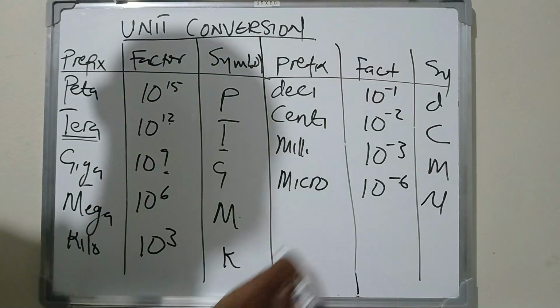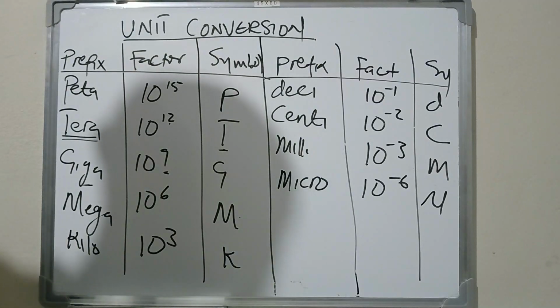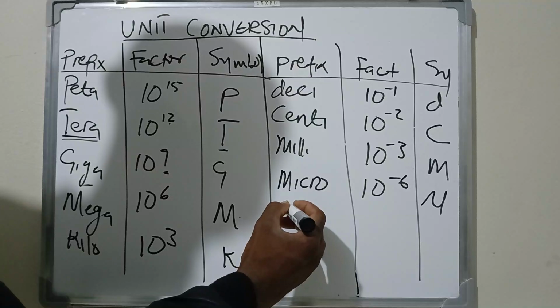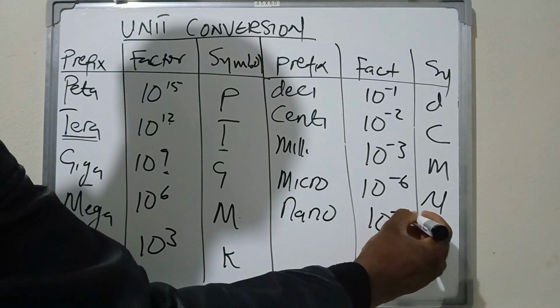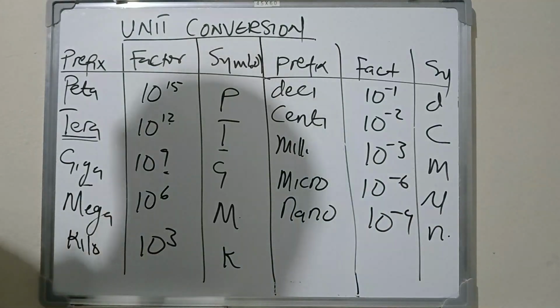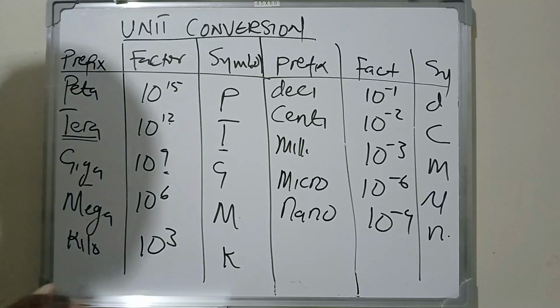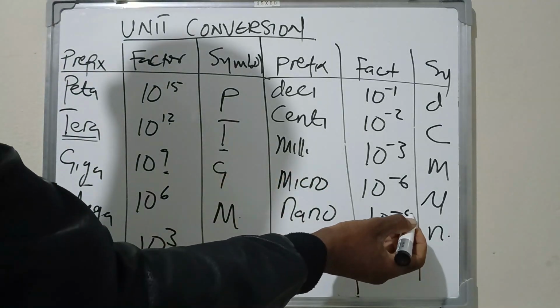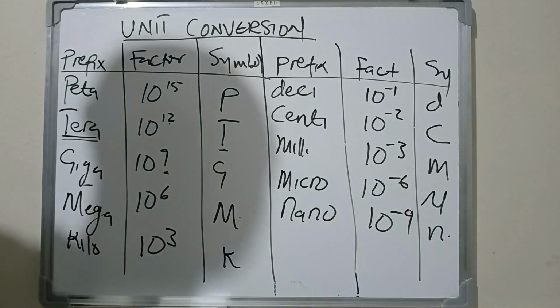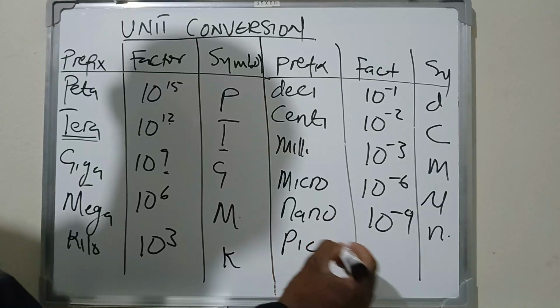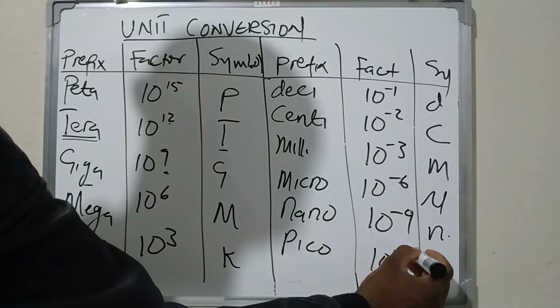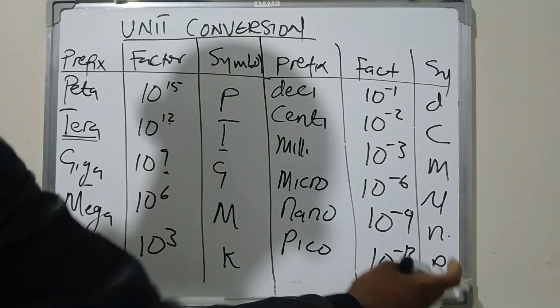Then from micro we have nano, times 10 to the power negative 9, and the symbol is n. Nanotechnology. These are very, very small factors. The last one that we are going to have here is pico, times 10 to the power negative 12, and the symbol is small p.